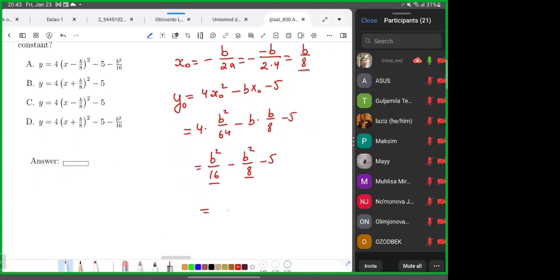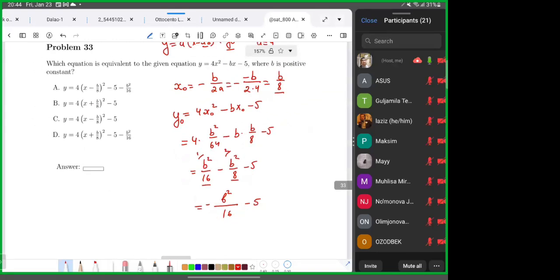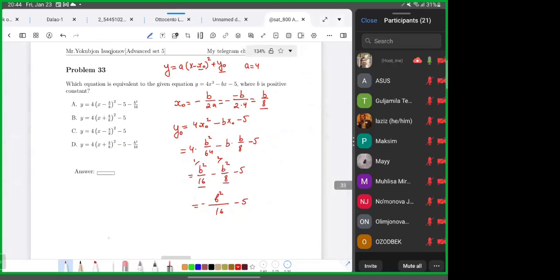The common denominator will be 16. Here 1, here 2, and 1 minus 2 gives you minus 1, so minus b squared over 16. So now you can finally write your equation like this: 4 times (x minus b over 8) squared plus the y coordinate of the vertex, which is minus b squared divided by 16 minus 5.